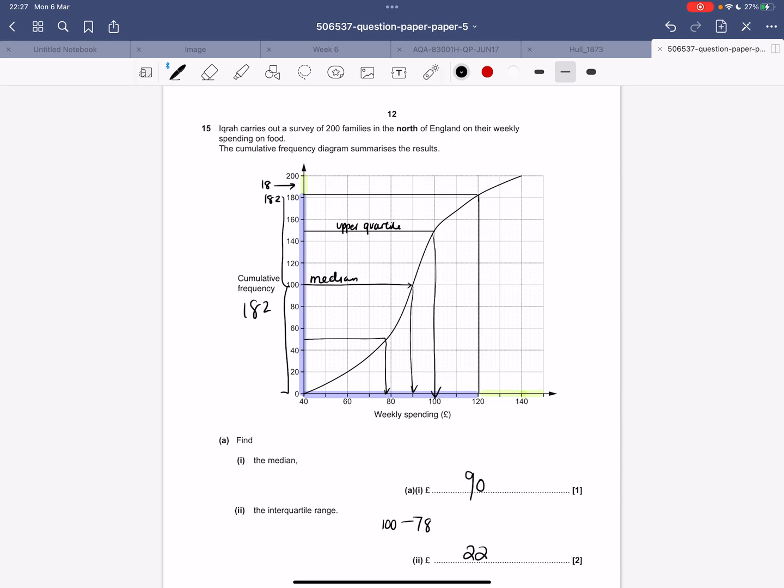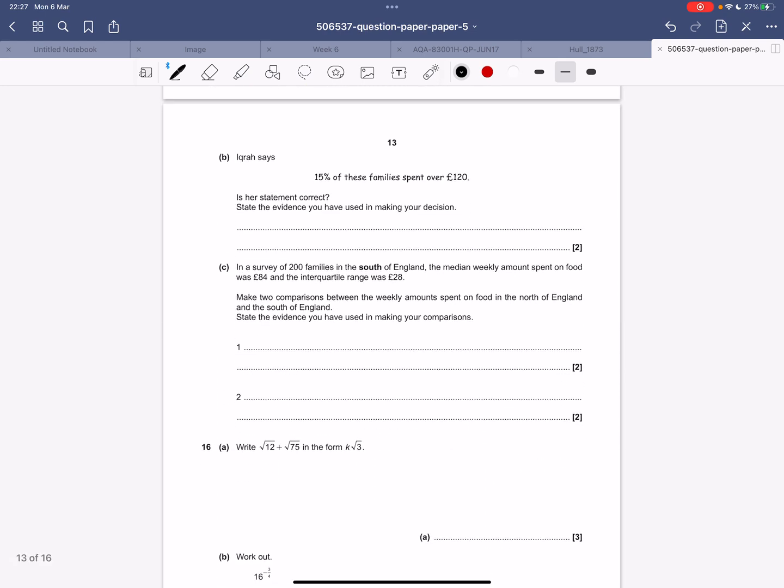So 18 out of 200 spent more than £120, which is 9%, because it's 9 out of 100. So she's not correct.